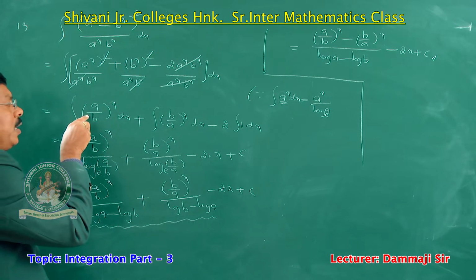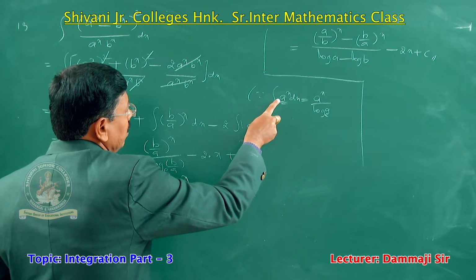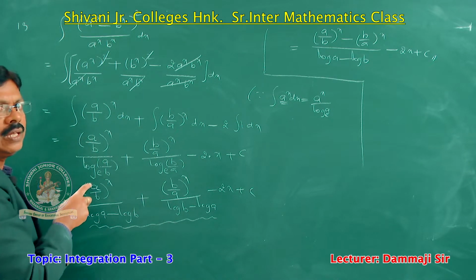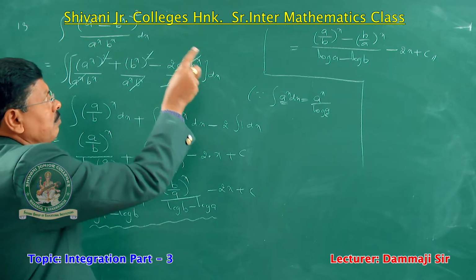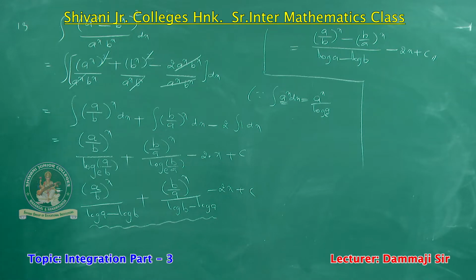After reducing to a single term, we have the formation of the integral of a power x. Then substitute the corresponding formula, and we will get the result of the given problem. This is one of the processes.